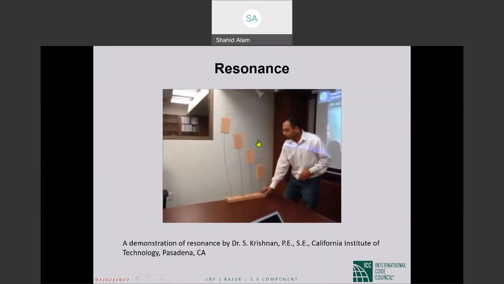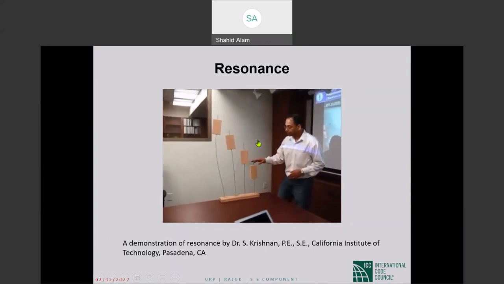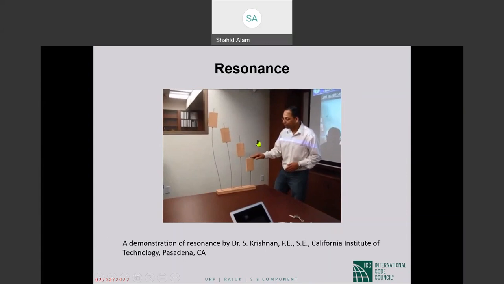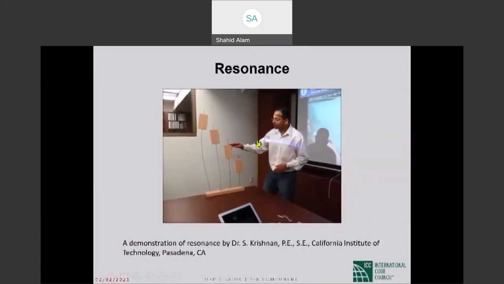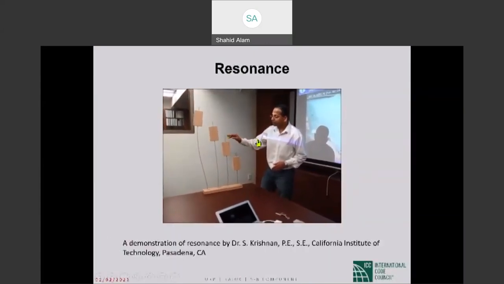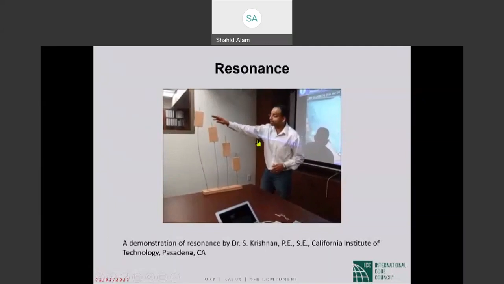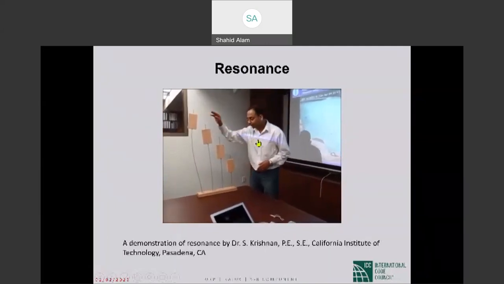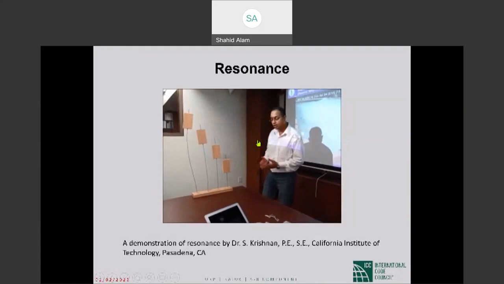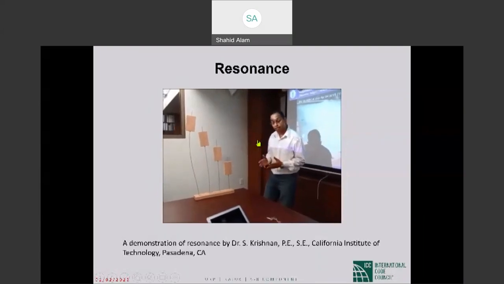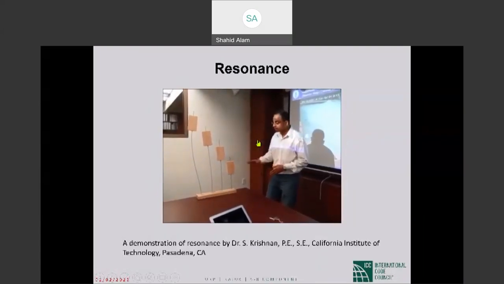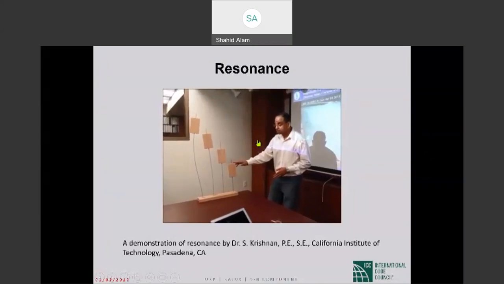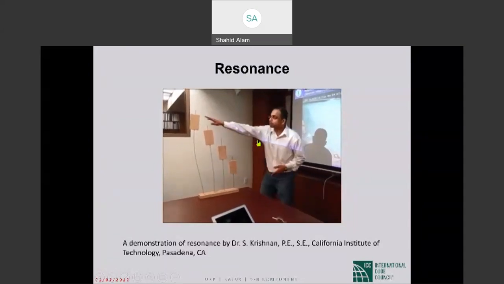So here is a toy model. Think of this toy model as your house, think of this as a, say, 5 to 8 story building, think of this as your 20-story building, and think of this as your 50-story building. I'm going to excite this toy model with high frequency motions, and you will see that the high frequency motion will selectively excite this low rise, this house, if you like, much more than this tall building.